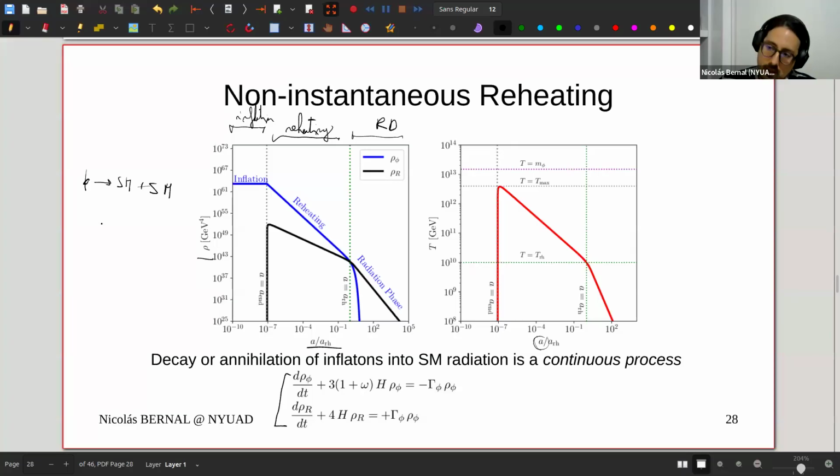And of course, if you fix the characteristics of all these particles, spins, masses and all that, you can compute the decay width. This is a two-body process, a 1 to 2 decay, and it determines the reheating temperature. The reheating temperature is the onset of radiation domination, the first moment when radiation starts to dominate. So if you have gamma, the decay width, you can compute T reheat.